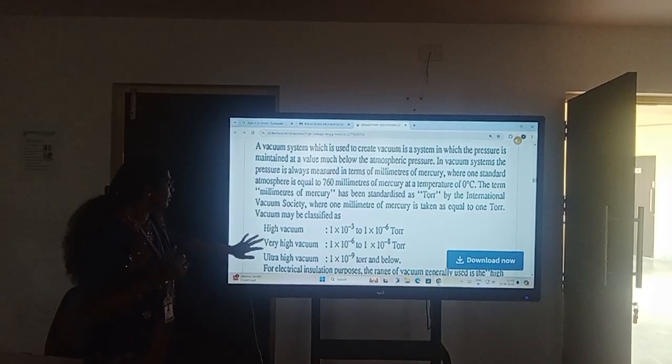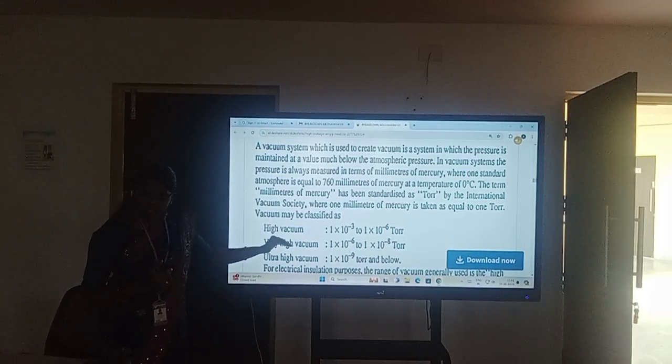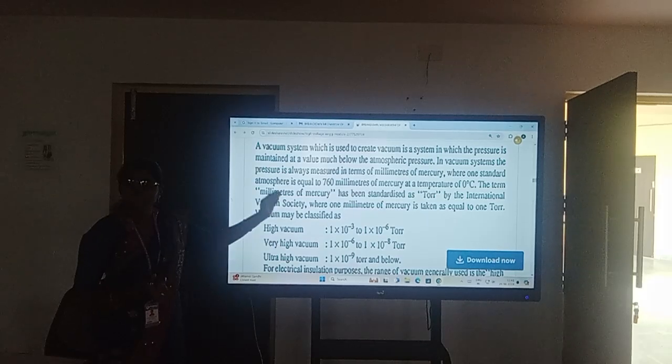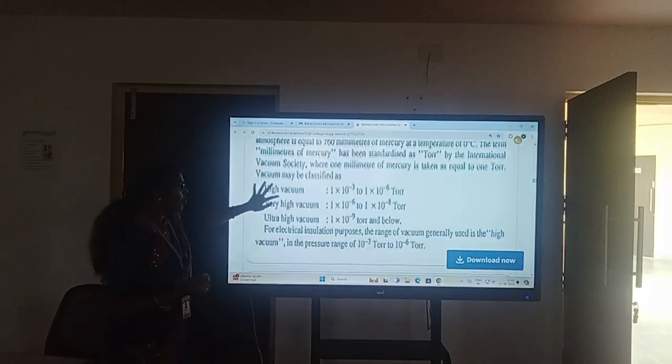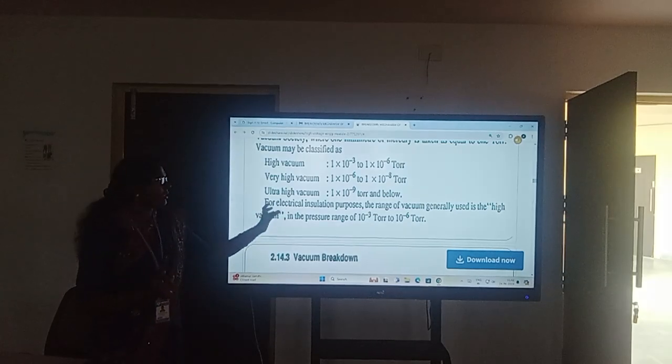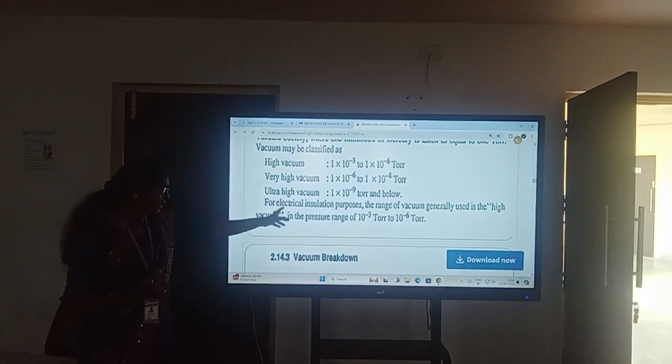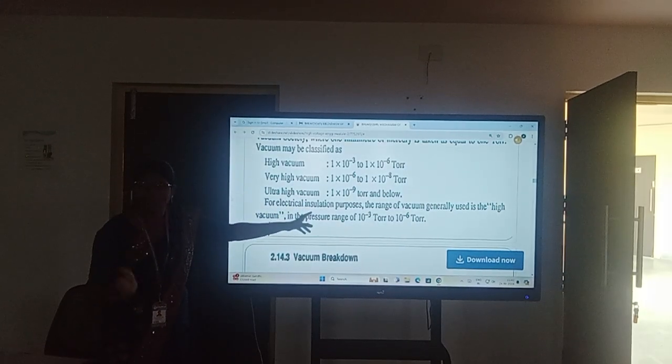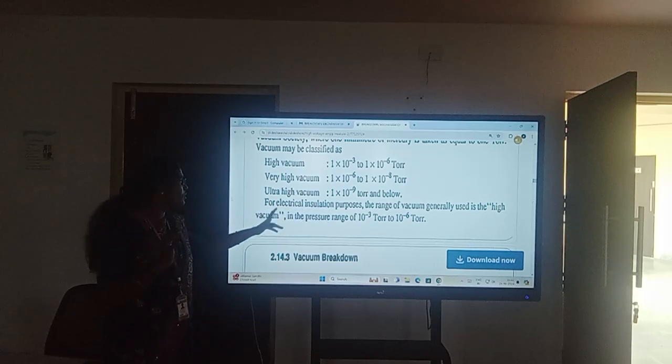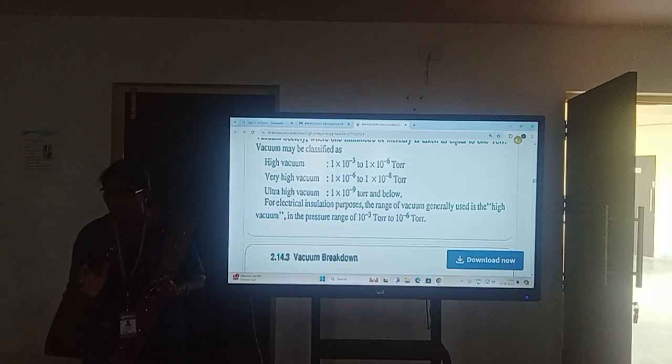After knowing about vacuum, its standardized unit, and the ranges of the three different types of vacuum, what you have to know is which stage we often go for when it is used for insulation purposes.